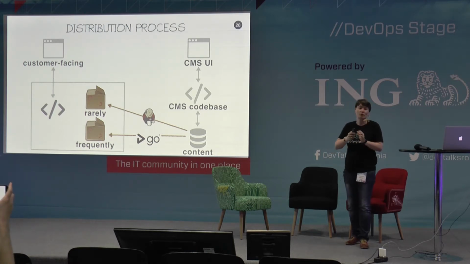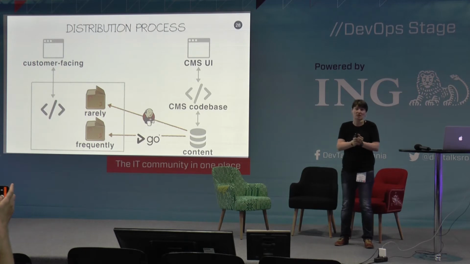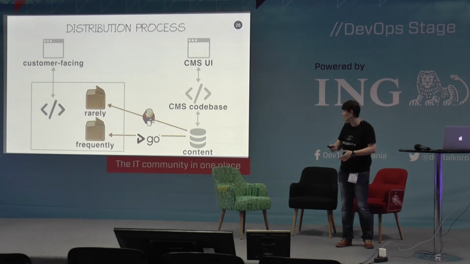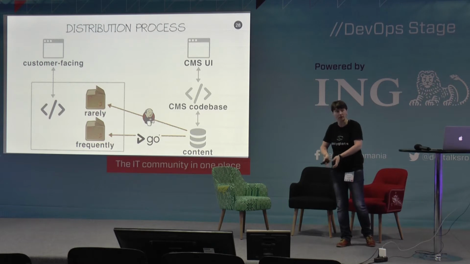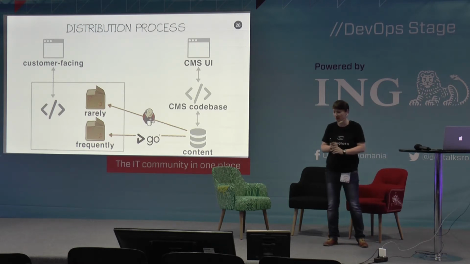So then the customer-facing interface will be talking to a much smaller code base that is specifically designed for extensive reads and some writes, right? Whereas the CMS code base is heavily optimized for writes and for less reads or in a lower traffic environment.